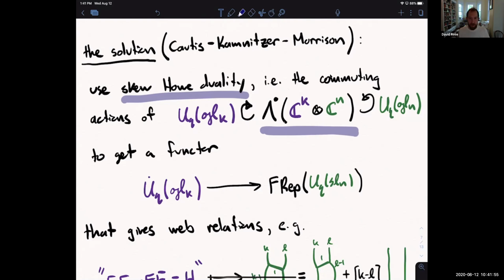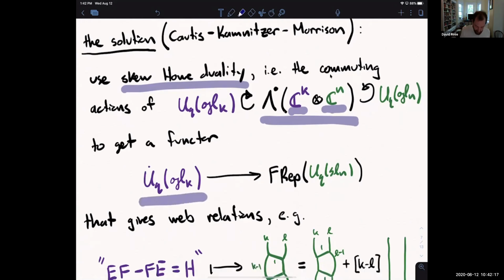And if you stare at this, you notice that because GL_k and GL_n are acting on different pieces of this tensor product, the actions commute. And what you juice out of this, and this paper is a beautiful read, one of my favorite papers of the past decade for sure, is a functor that maps from some version of quantum GL_k, viewed as a category, to the category you're interested in, the category of fundamental SL_n representations.